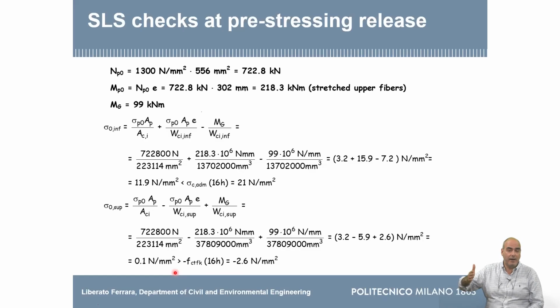Then what you have to do is check this for other cross-sections. Generally, if you are where the pre-stressing is fully active, we will see later what it means. Since your bending moment is supposed to decrease, you will see that this check guarantees you also the others, but it's not so automatic.